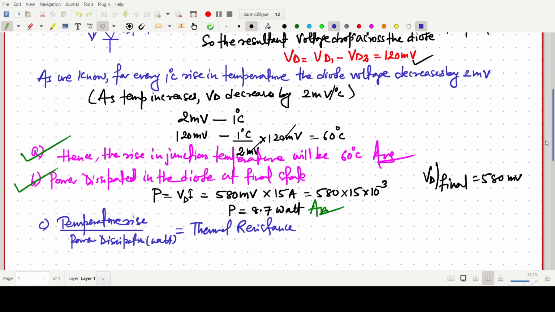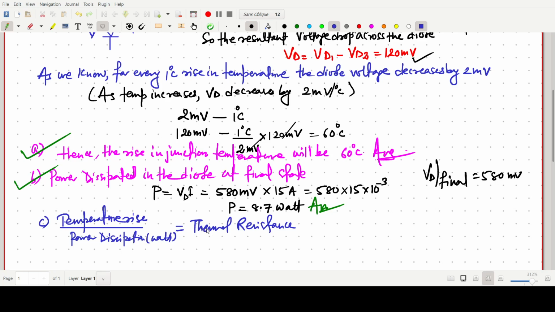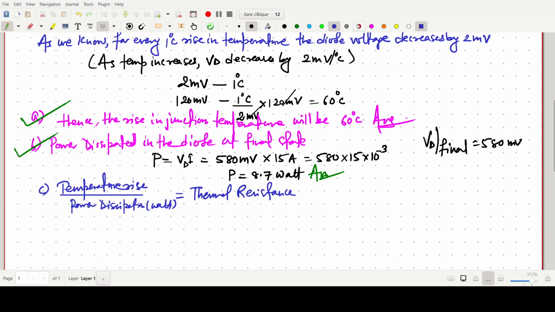So how much is the temperature rise? 60 degree. So the thermal resistance is nothing but simply the temperature rise, so the temperature rise will be 60 degrees centigrade. Write it 60.